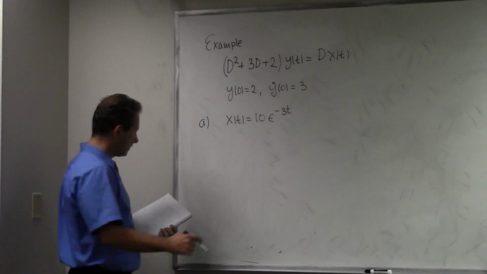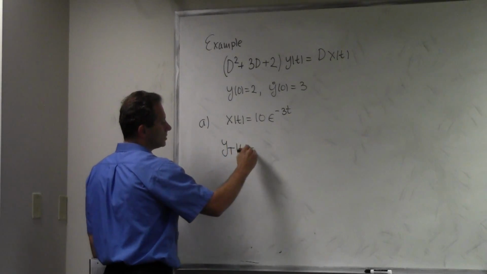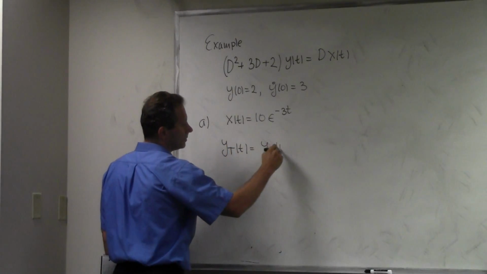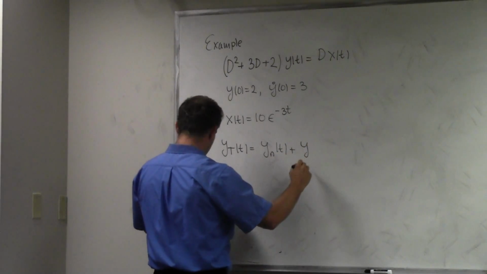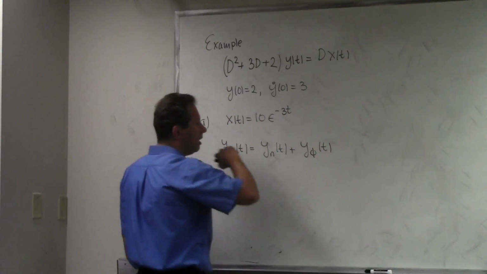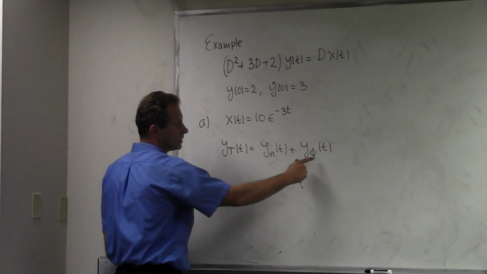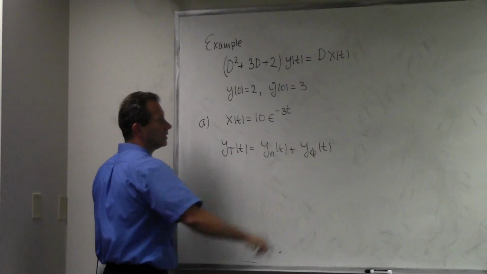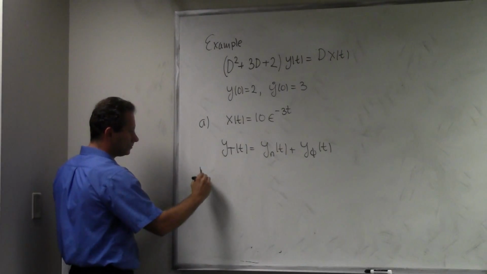Well, I know that the total output is going to consist of natural modes, and what is forced, phi of t. Or it's going to consist of the transients, and a steady state part. The natural modes.